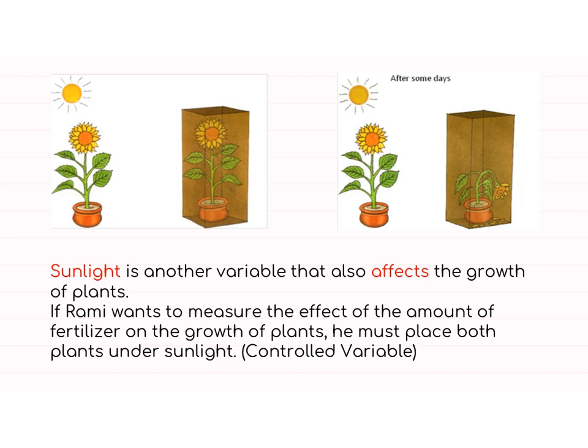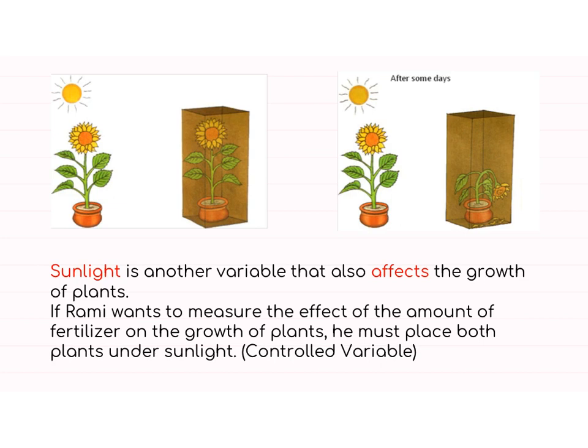So the sunlight should be a variable that is not changing through the whole experiment, which means that all the plants should receive the same amount of sunlight. So the sunlight should be a controlled variable. And controlled variables are very important to make our experiment a valid one.